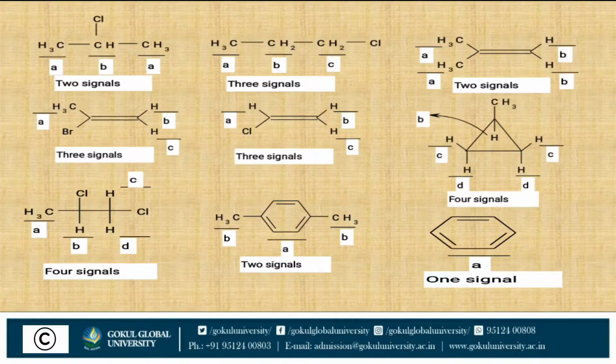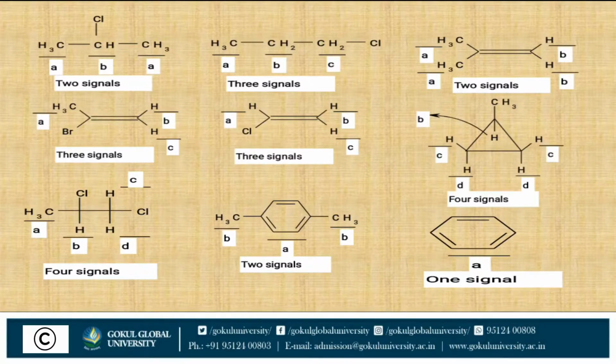So 2-bromopropene gives three signals. The same example is chloropropene, which similarly gives three signals because there is no axis or plane of symmetry present in this molecule.